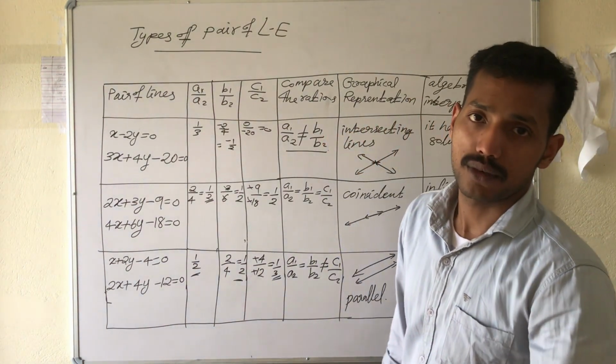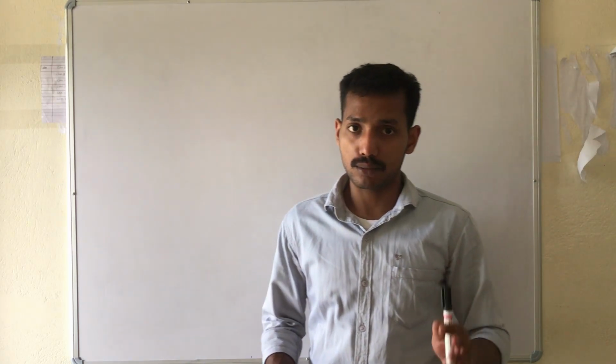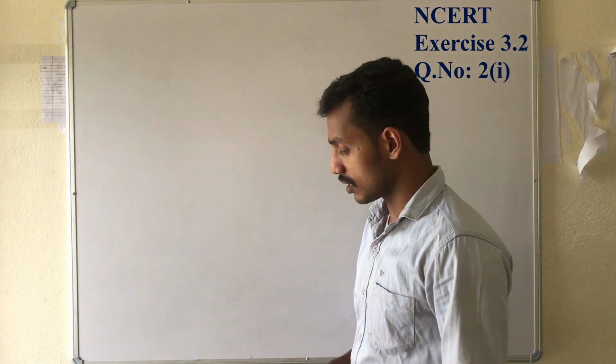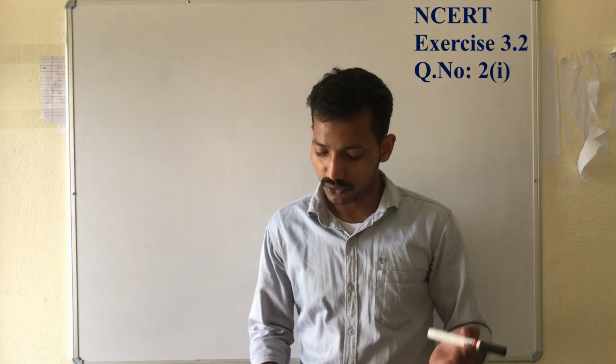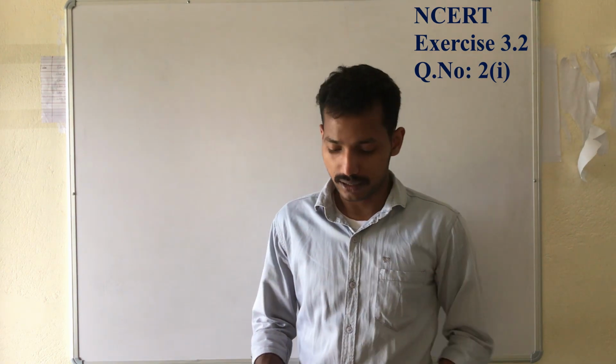Let's take an example from NCERT. Exercise 3.2, question number 2. On comparing the ratios a1 by a2, b1 by b2 and c1 by c2, find out whether the lines representing the following pairs of linear equations intersect at a point, are parallel, or coincident.